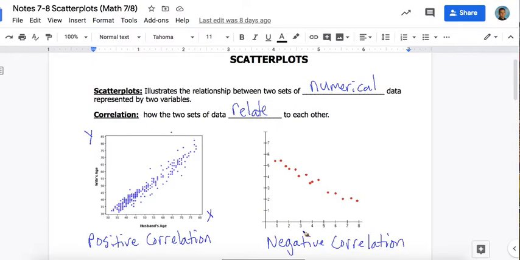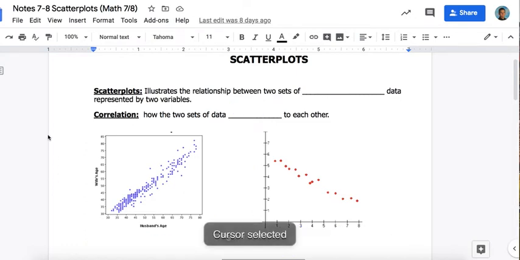A good example would be your math grade, maybe on a quiz out of 8 problems, and the hours playing video games. As the hours of playing video games goes down, your math grade increases. Or you could also say as your math grade increases, the amount of hours playing video games decreases.